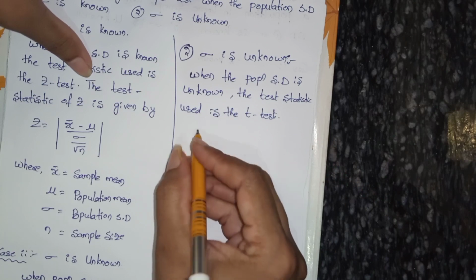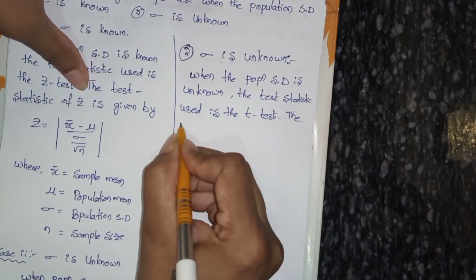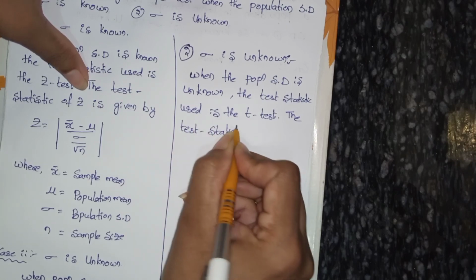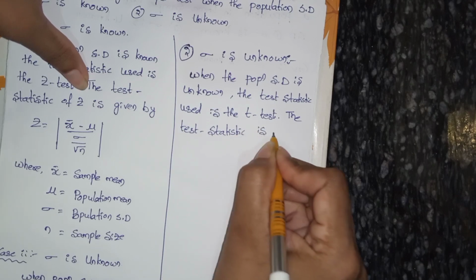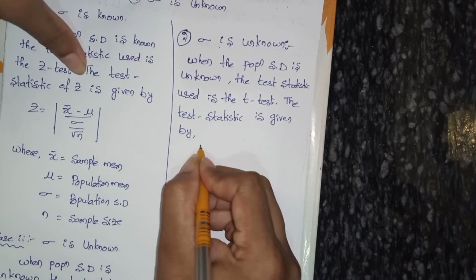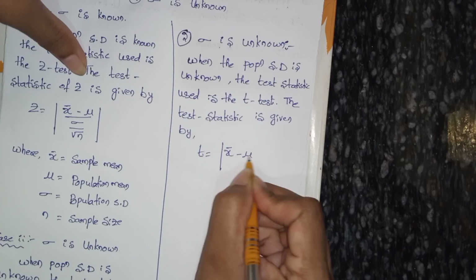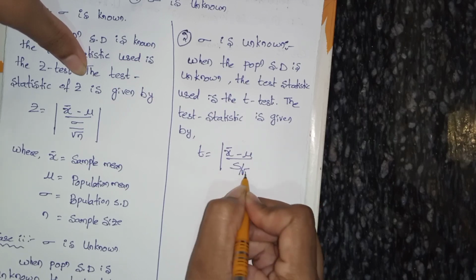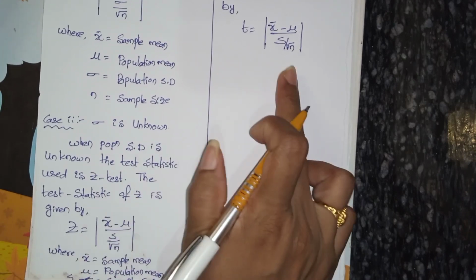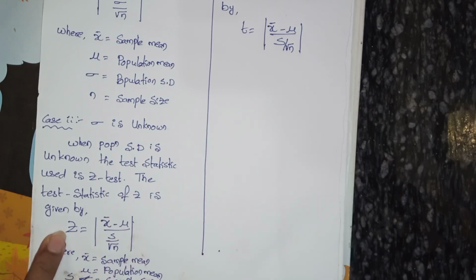The test statistic is given by t equals mod of x bar minus mu by s by root n. If you observe here, the formula is the same. Both formulas are the same, but the test is different.